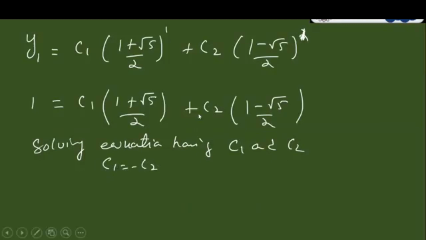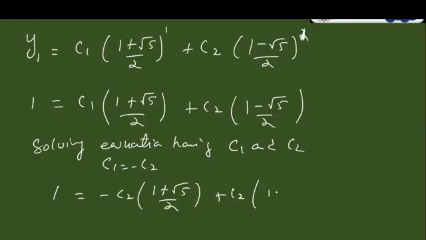So instead of c1 I will put minus of c2, then take out the common factor and try to find the value of c2. Or we can do it for c1 as well. So minus of c2 times (1 plus root 5) over 2, plus c2 times (1 minus root 5) over 2.